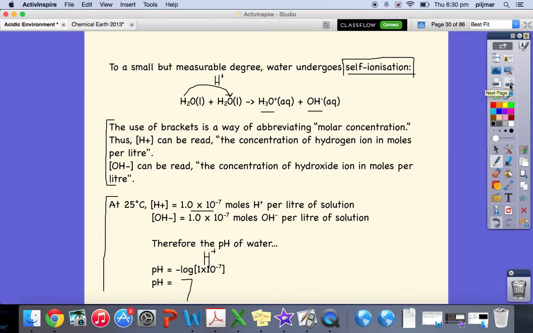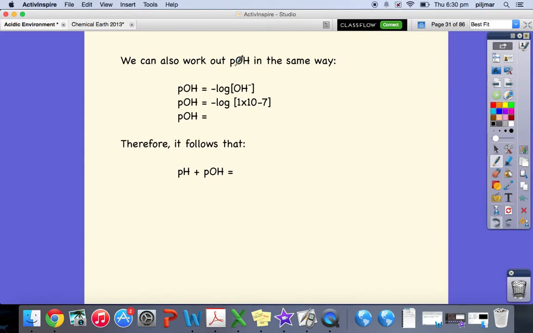If we keep moving, we can also do the same thing for hydroxide ions, and we call this pOH. You probably haven't heard this before, but it can become very useful, and it's exactly the same as pH, but it calculates pOH using hydroxide ions.